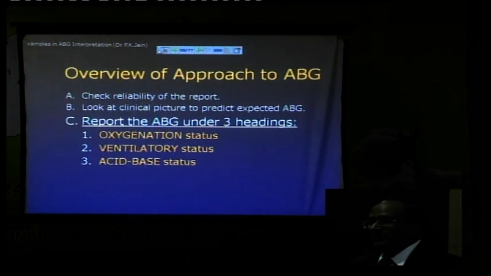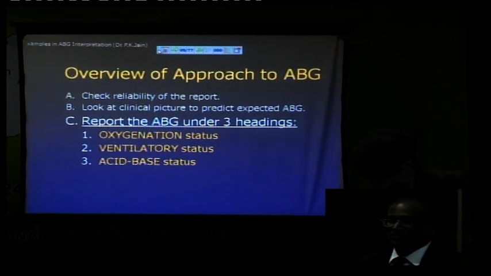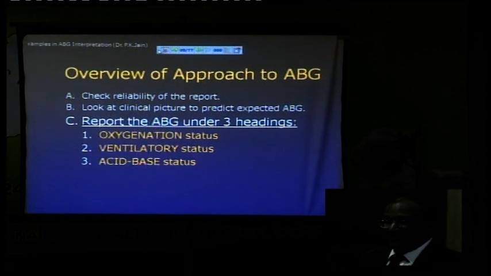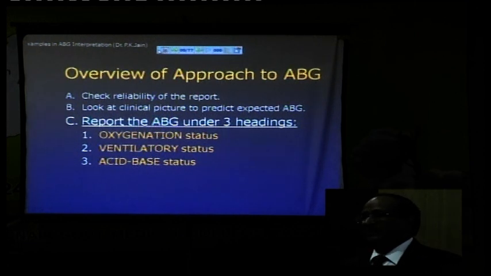But the patient is vomiting. Now, if the patient is vomiting, he should have metabolic alkalosis. Why is he not having metabolic alkalosis? If I look at it and say I am not finding metabolic alkalosis, I will now suspect a metabolic acidosis which is balancing the metabolic alkalosis. Have you understood how this is so?